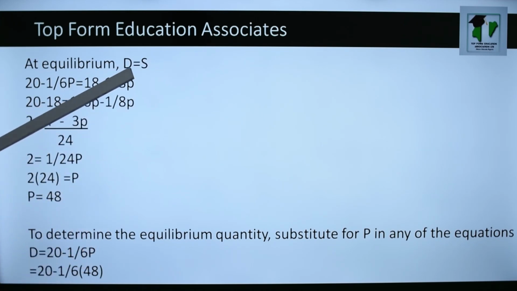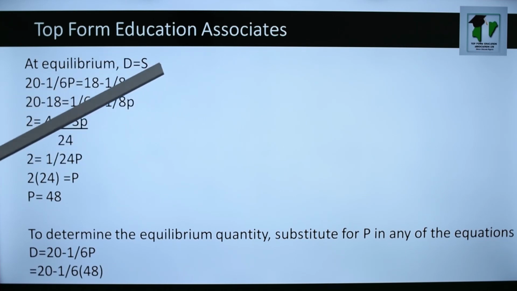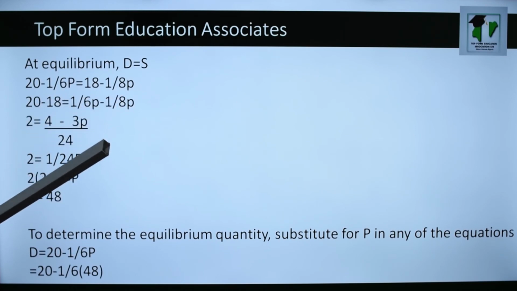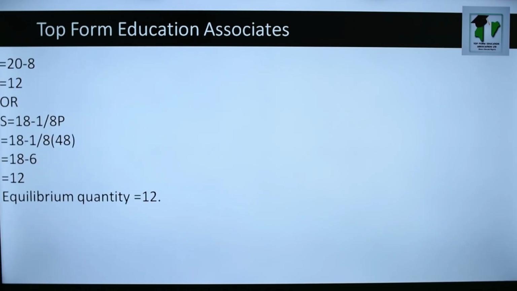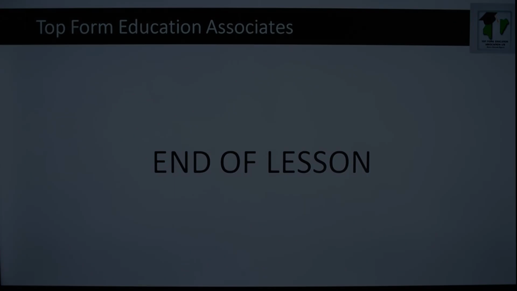Wherever you see that function, you put it down. Our S, quantity supplied, this is it. Gather like terms. Find the subject of the formula. And then your answer appears. So that's how to do it. End of lesson.